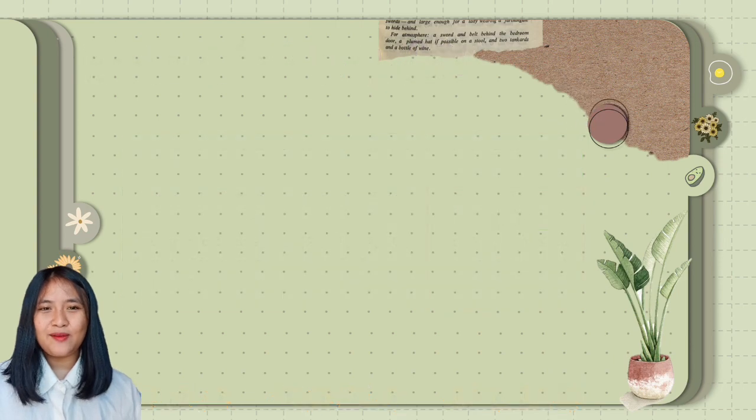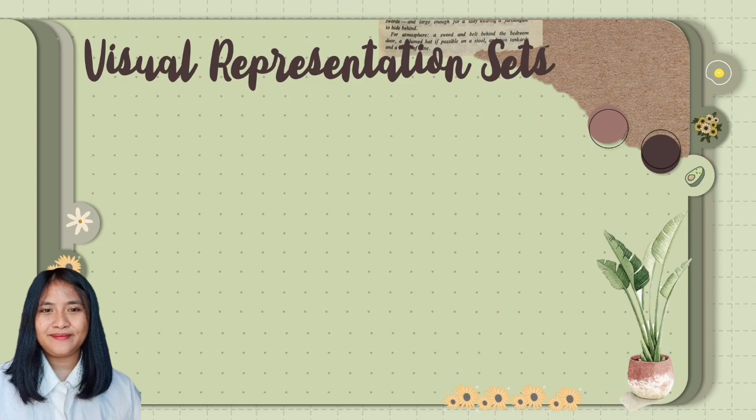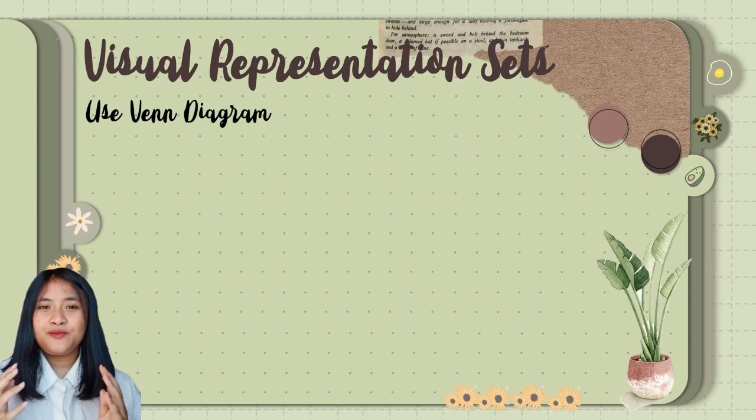Now let's talk about visual representation of sets. For representation of a set in visual ways, you can use a Venn diagram. A Venn diagram is a pictorial representation of sets with each set represented as a circle.